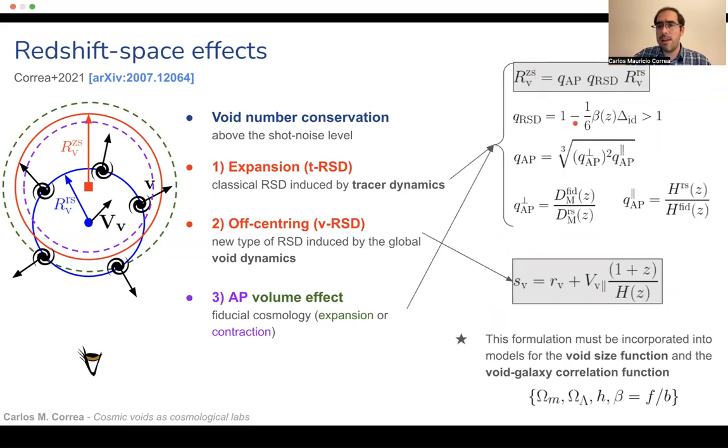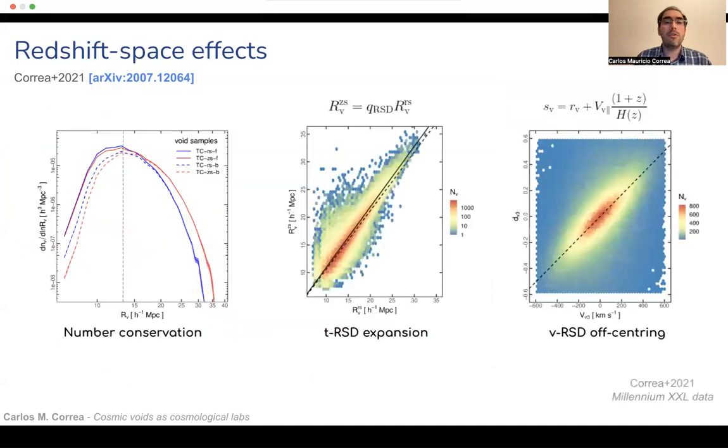But what is important here is that this formulation depends strongly on the cosmological parameters. So it must be incorporated into our current models for the cosmological statistics, the void size function and the void galaxy correlation function. And also we provided a very complete statistical analysis to prove all these effects.